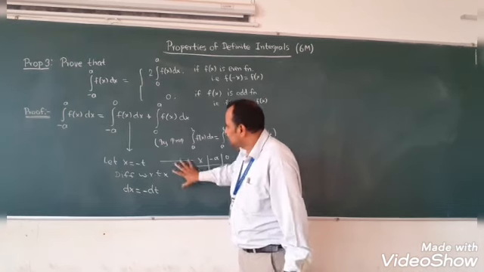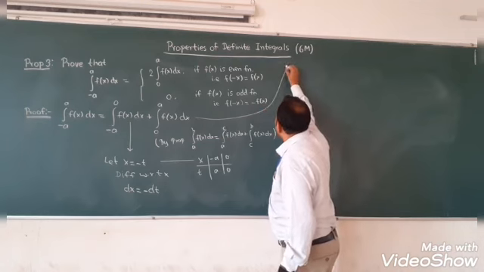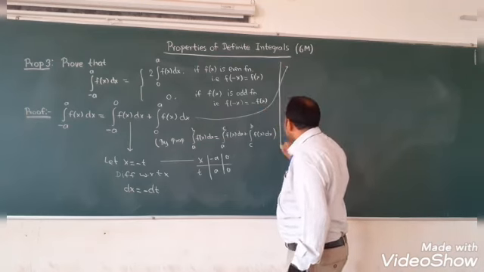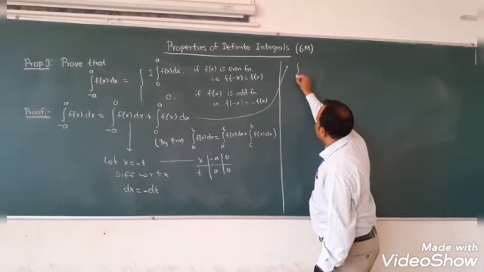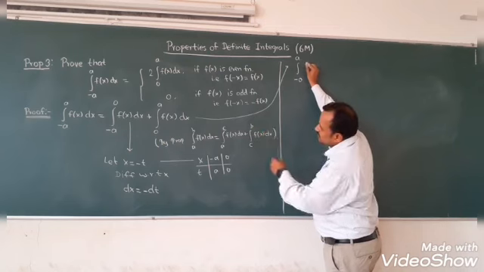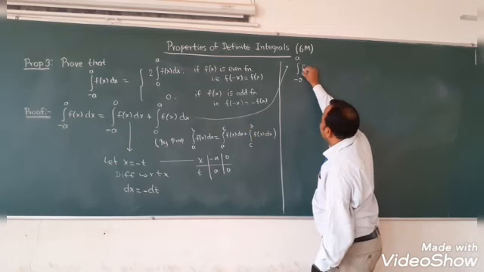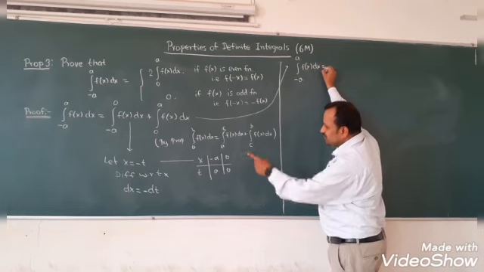So all this information I am keeping in this. So this will become what? So integral from minus a to a of f of x dx is equal to, now put the values.